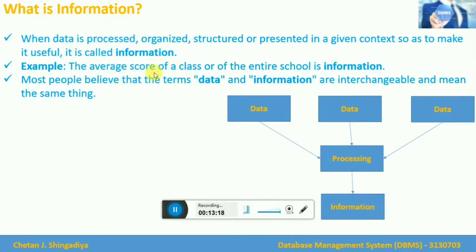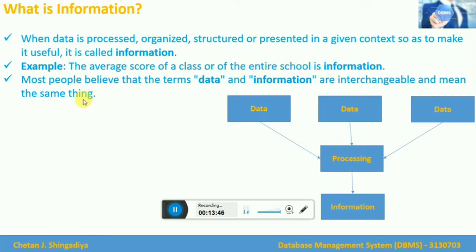Example: the average score of a class or the entire school is information. So the average score of a class is one piece of information, and the entire school's data summary is another type of information.